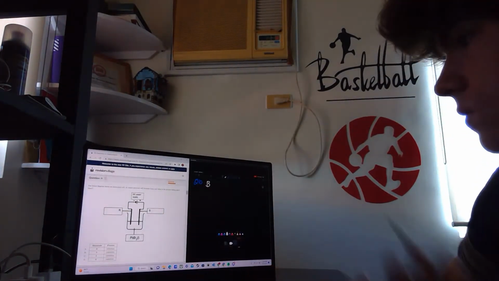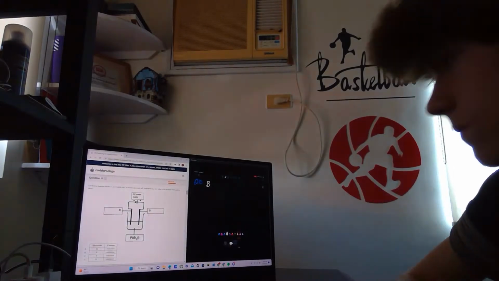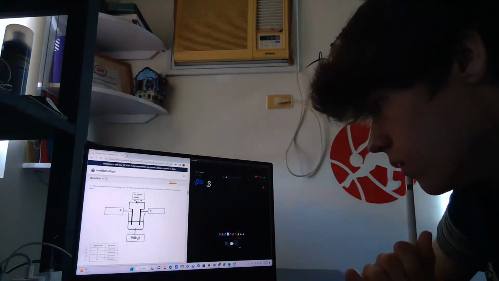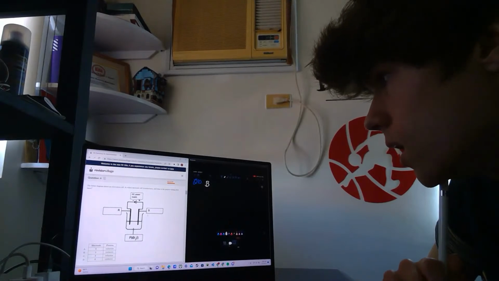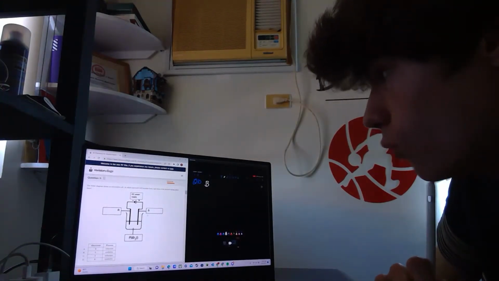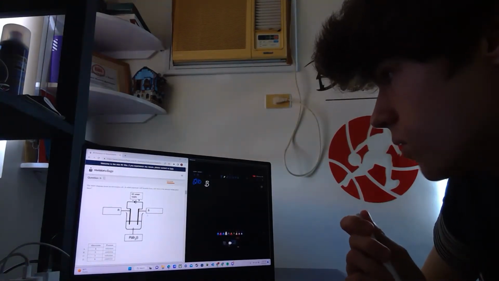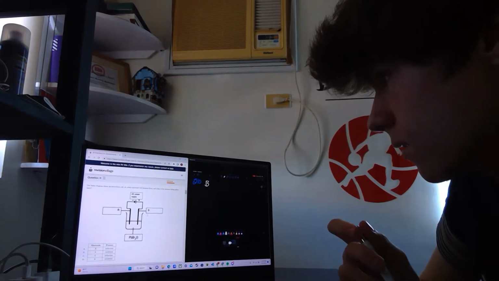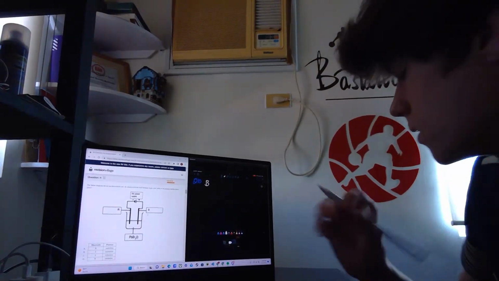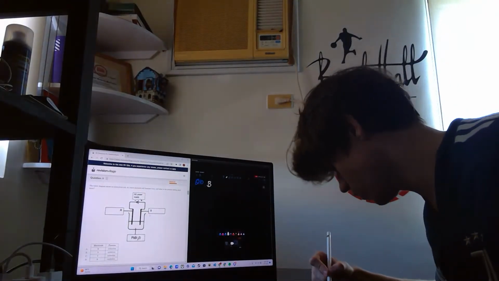So we have an electrolytic cell. Nice. At which electrode will bromine form, and what is the process taking place there? Okay, so we're going to start off with our CROA.